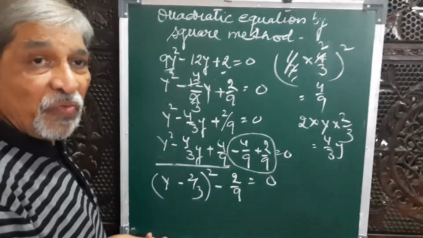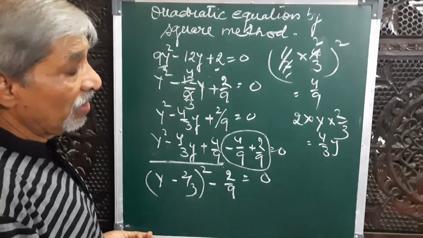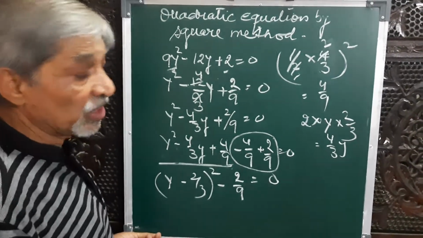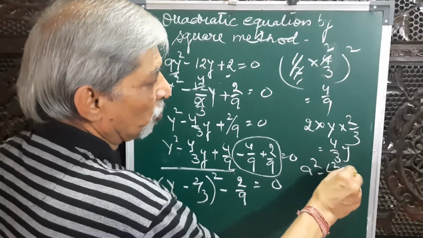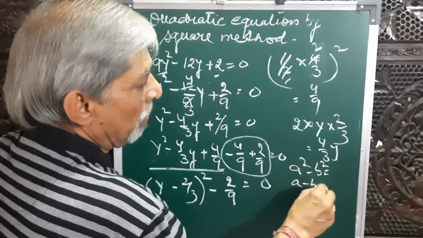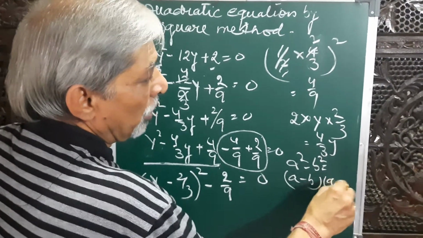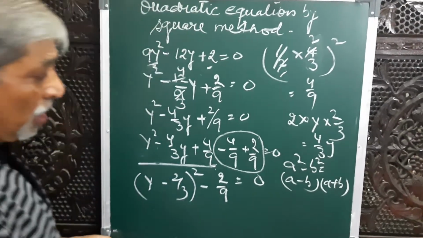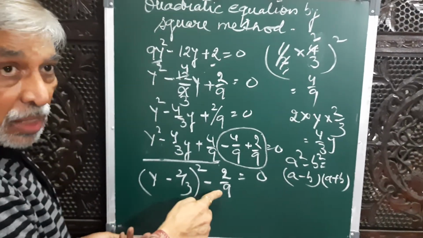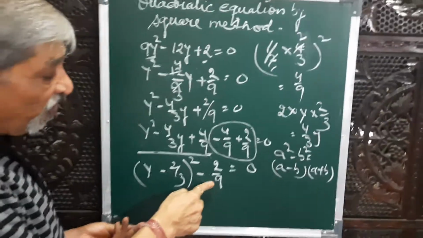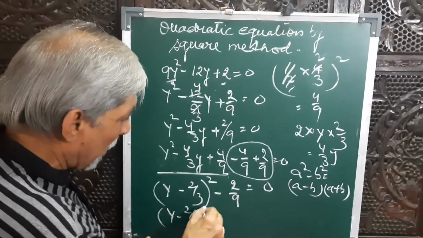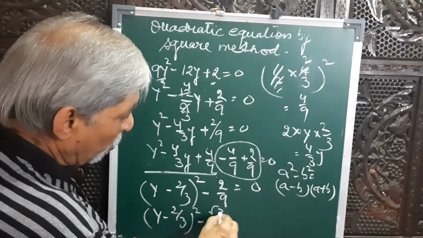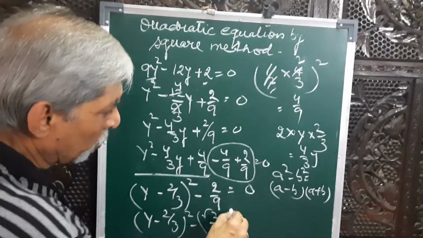Now to factorize this, we use the formula a squared minus b squared is equal to a minus b into a plus b. Writing this in squared form, that is y minus 2 upon 3 the whole square minus root 2 upon 3 the whole square.